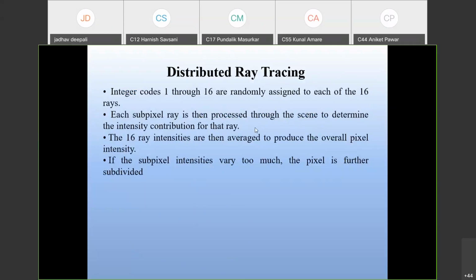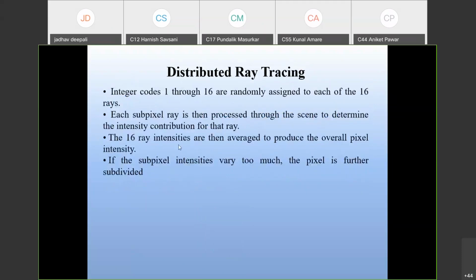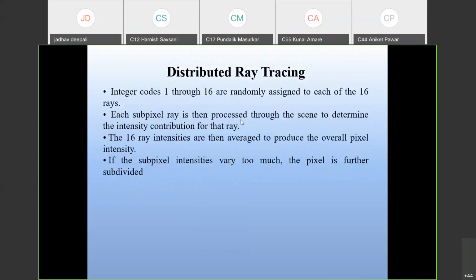The 16 ray intensities are then averaged to produce the overall pixel intensity. Every subpixel intensity is calculated differently, because the rays are not at a particular position; random jitter positions are used. Then these 16 values are averaged to produce the overall pixel intensity.